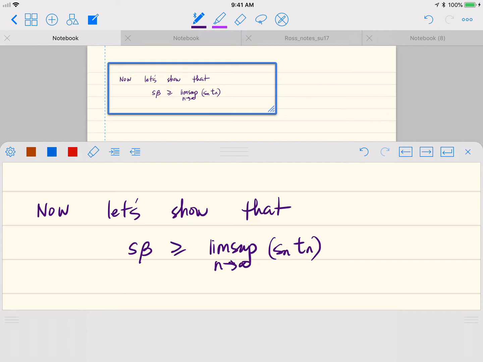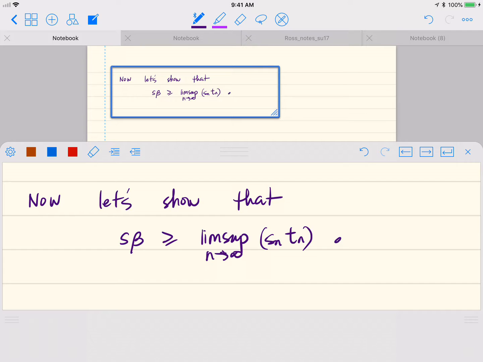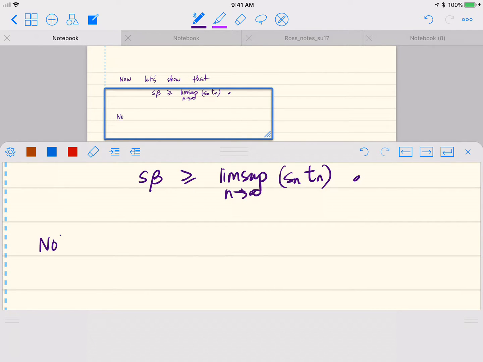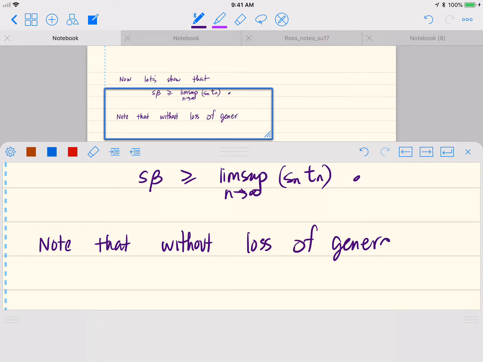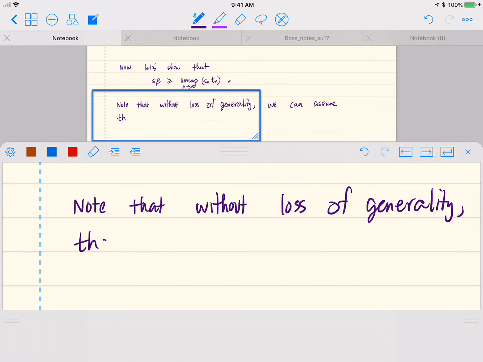The first thing we want to do is note that without loss of generality, we can assume that for all n, Sn is not equal to 0.